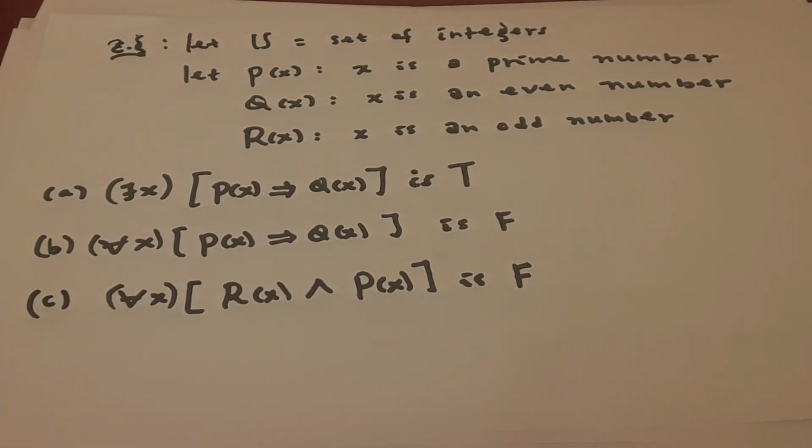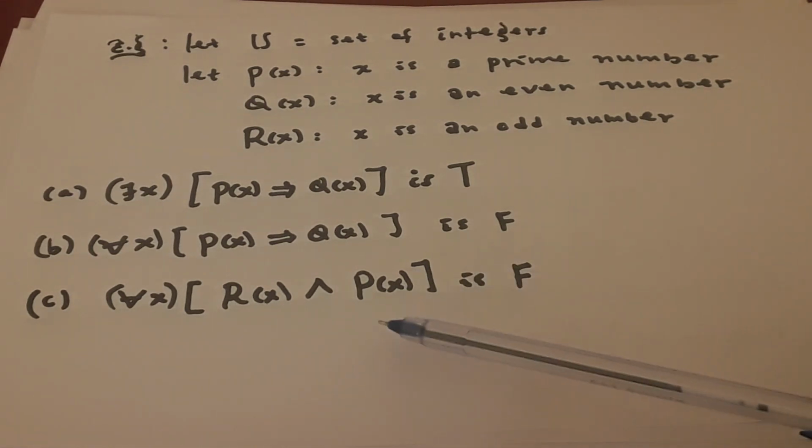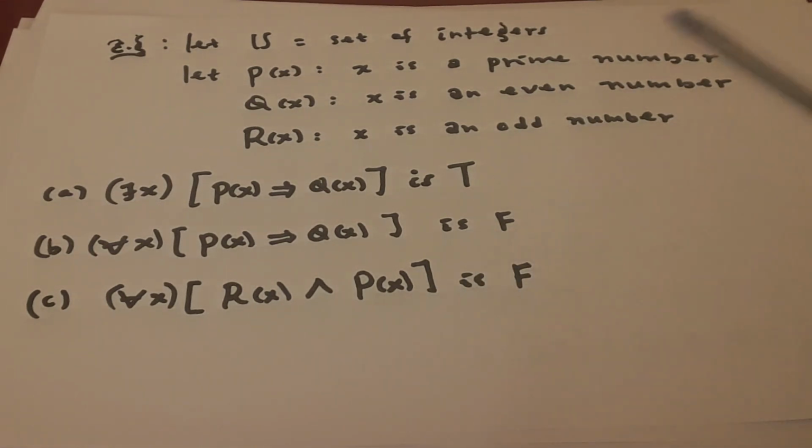Again, for all x, R of x and P of x is false. For every x, every odd number and prime number. Let's say R is an odd number, 9 is an odd number, and P of 9, 9 is a prime number, but 9 is not prime, so that's false.